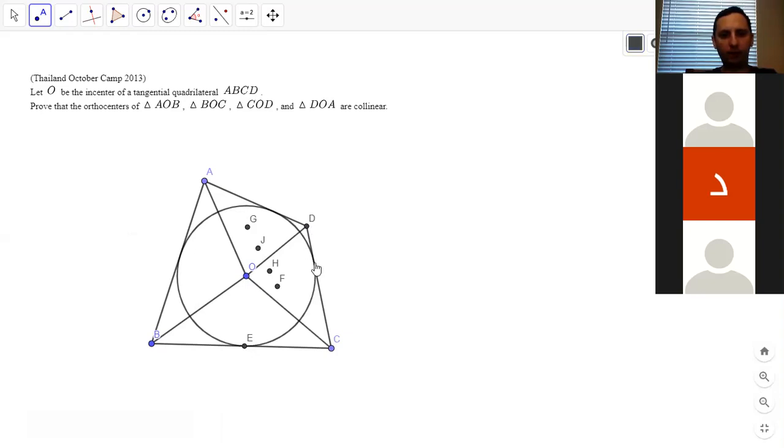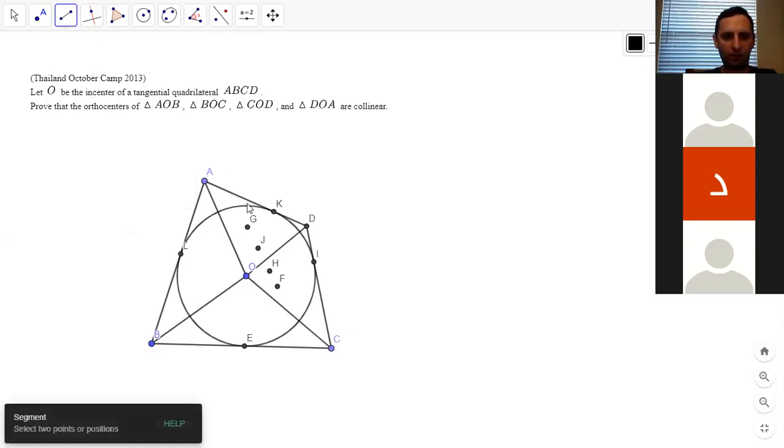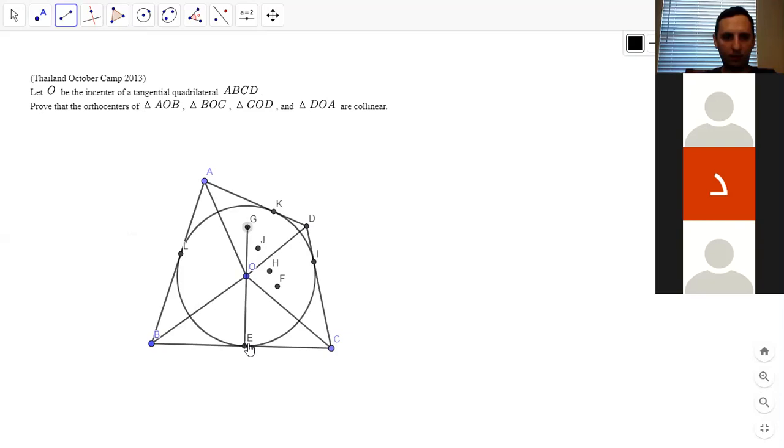GO and E are collinear, OH and I are, yeah, so it's probably useful. But that's obvious.